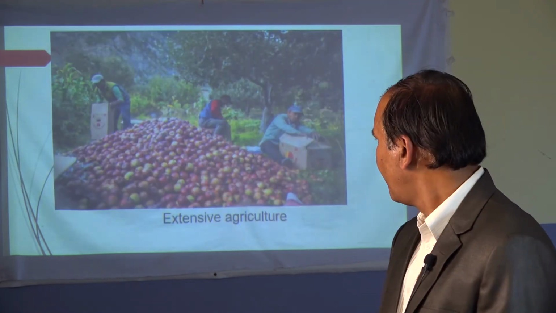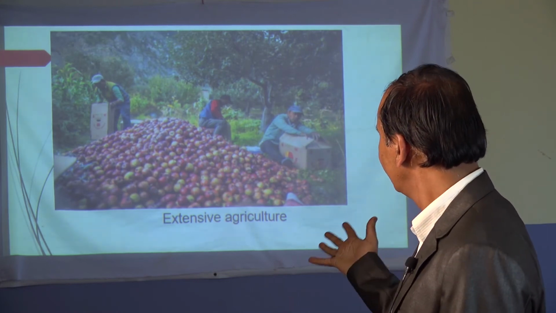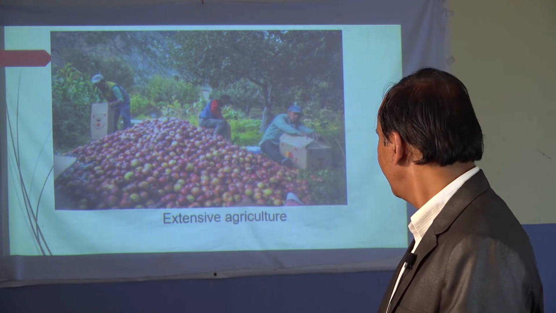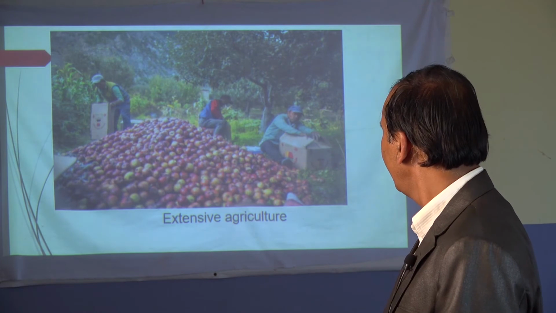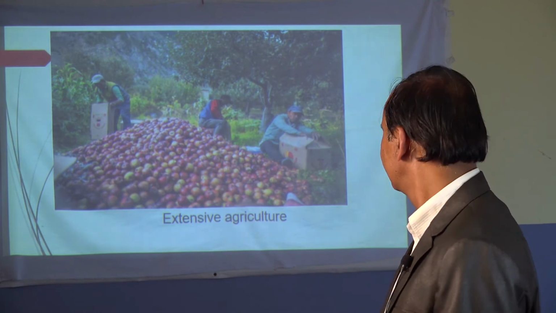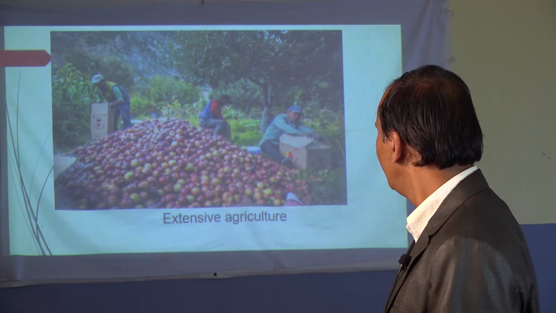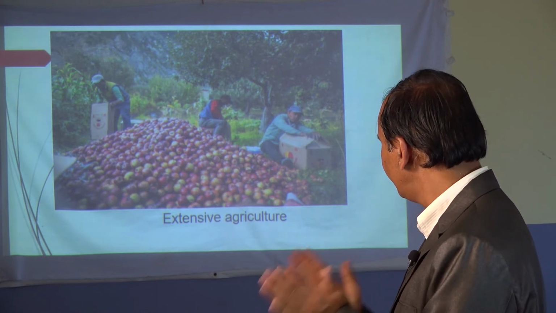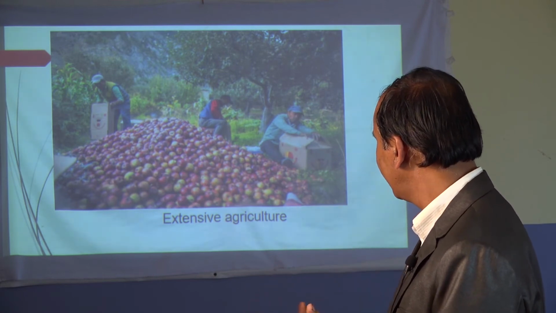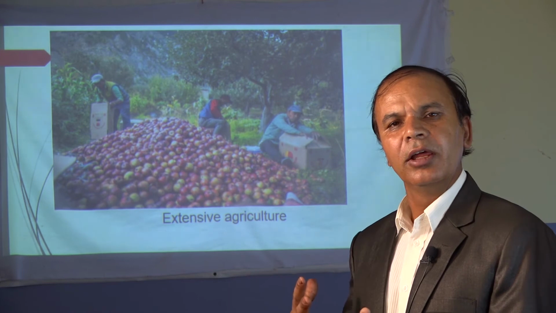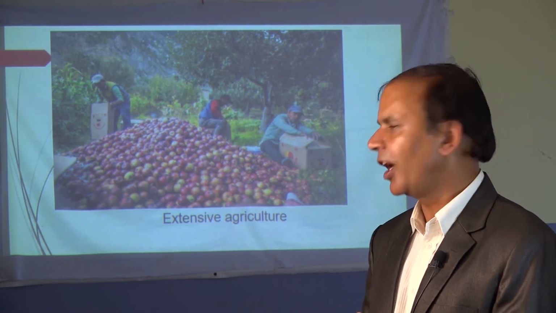Then we are talking about another, extensive agriculture. Now we can see the figure where the farmers are collecting the apples of Manang and Mustang, and by growing off-season and seasonal cash and food crops, we can uplift our means of livelihood and our purchasing capacity.